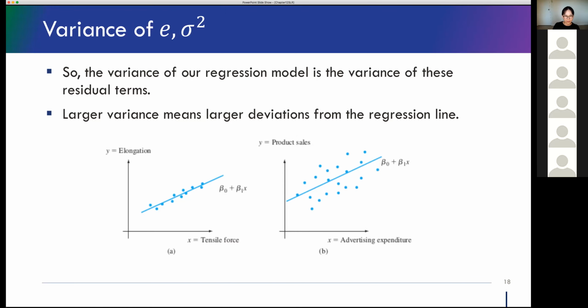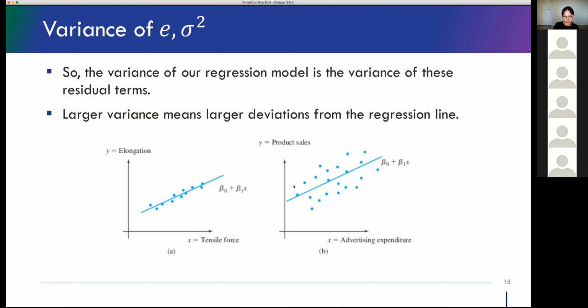The variance of our error term is sigma squared, and we call this the variance of our regression model, the variance of these residual terms. A larger variance means larger deviations from the regression line.